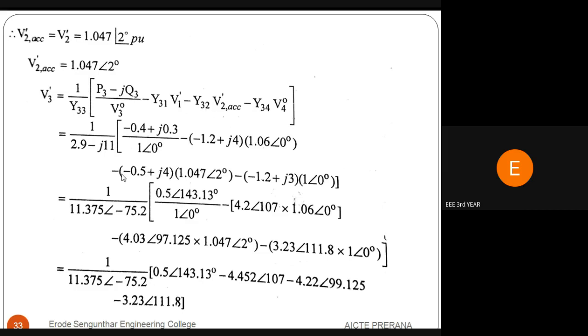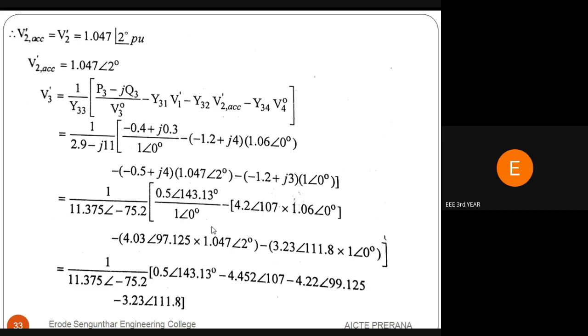Y32 value is minus 1.2 plus j4, taken from the Y bus matrix, and here we have to write the V2 new value, 1.047 at an angle 2. Y34 is taken from the Y bus matrix, that is minus 1.2 plus j3, and V4 naught value is 1.